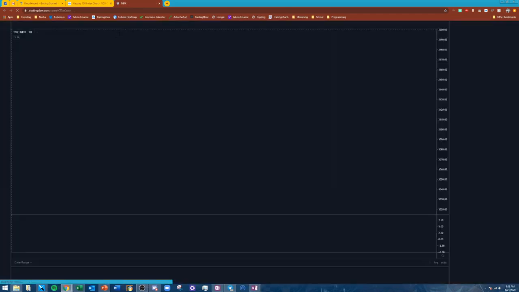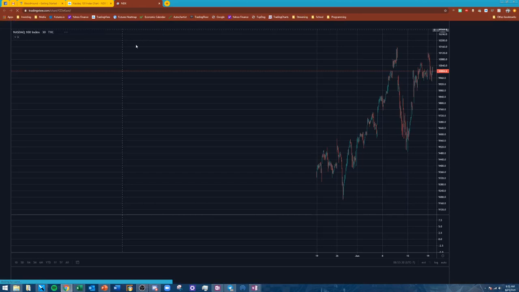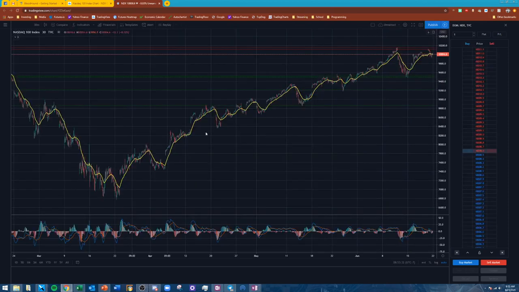Depends on what platform you're using, of course, but most platforms are going to have some sort of volume profile available. It may or may not be free, depending on what you're using, but TradingView does have plenty of them. And I think the one that I use on TradingView is just called Session Volume.